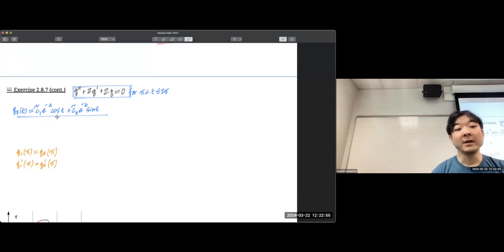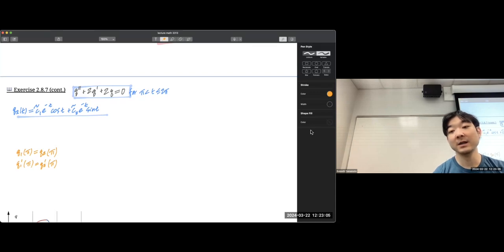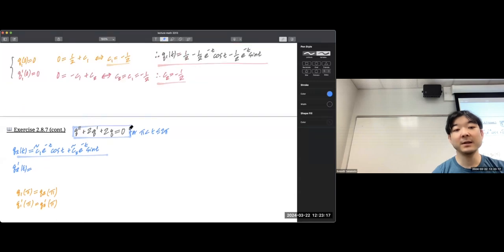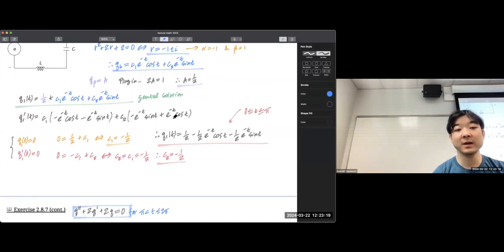I know for sure that I'm going to have to take the derivative of this eventually, because Q2 prime at pi has to equal Q1 prime at pi. So let's take the derivative of Q2. Q2 prime is going to look like this right here.